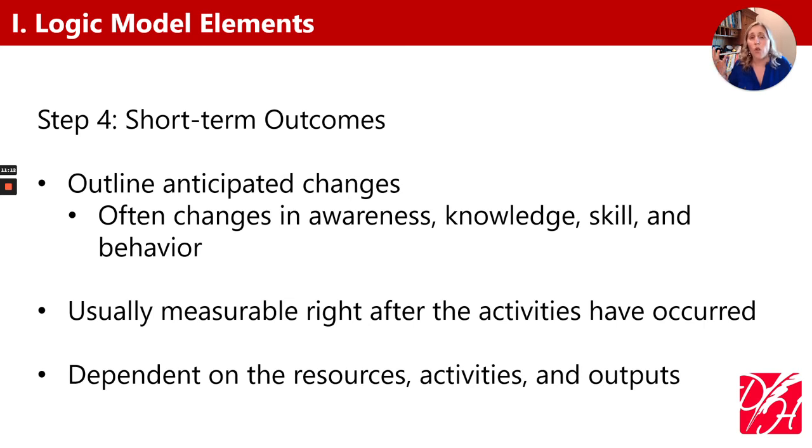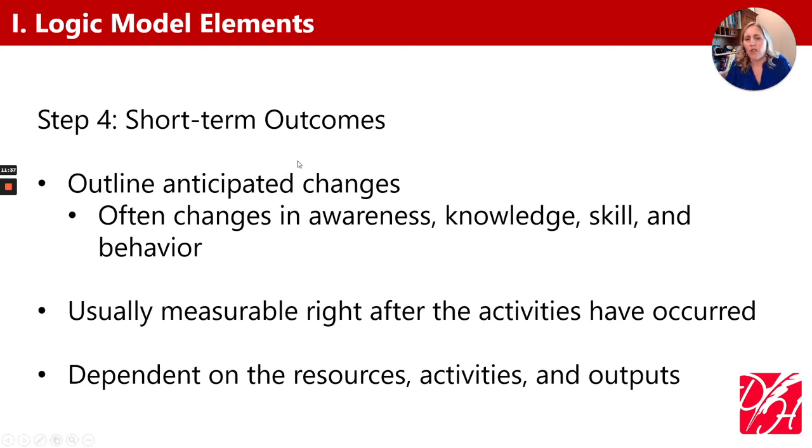We need those awesome activities we've outlined just a moment ago in the logic model. We need for those to happen in order for there to be any outcomes to report. Short-term outcomes are usually the items that can be measured and reported on right as the activity is ending or right after the activity has ended.